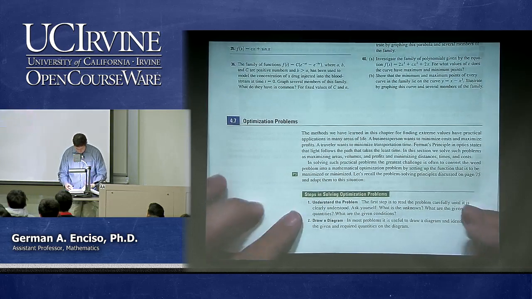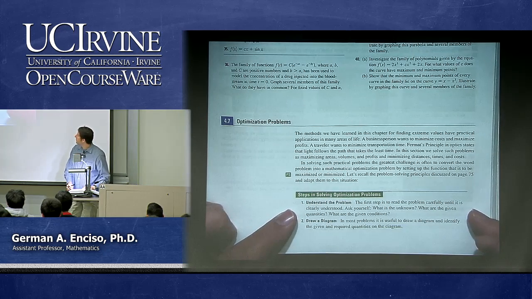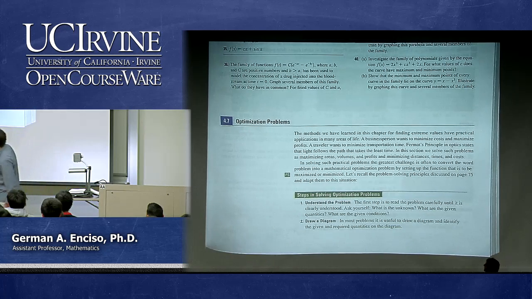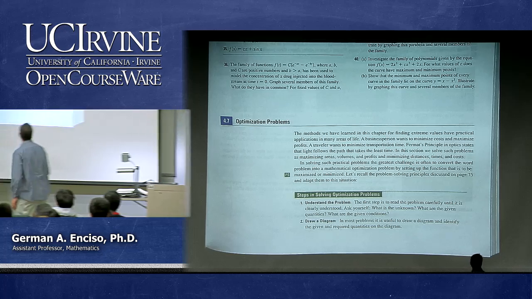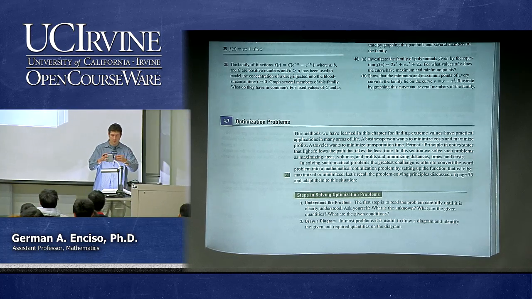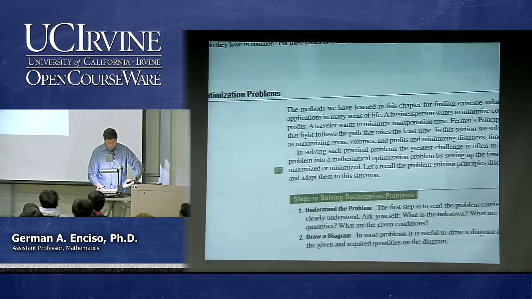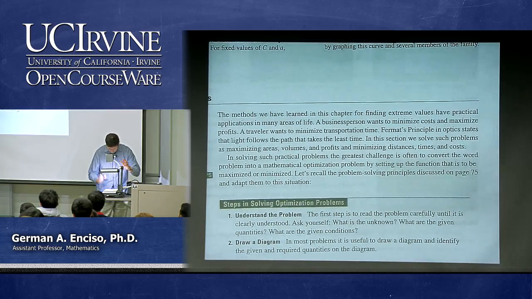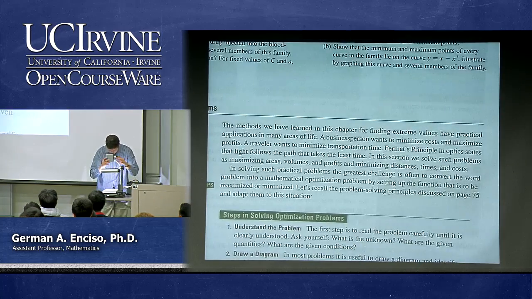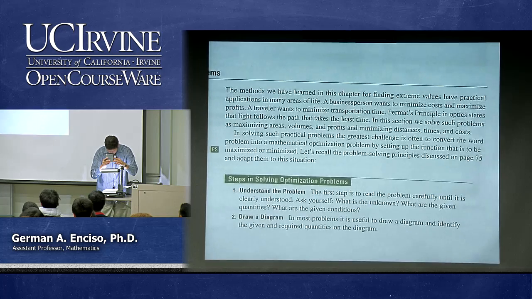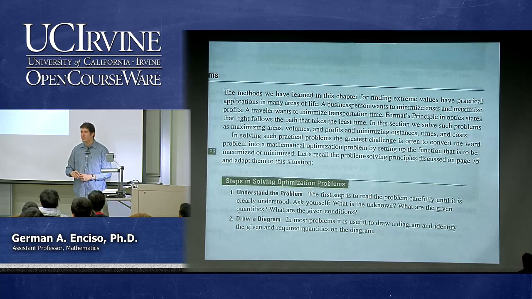It says, first understand the problem. Can you read here? Yeah, it's pretty clear, right? Anyway, let me make it even bigger. Okay, so understand the problem. The first step is to read the problem carefully until it's clearly understood.